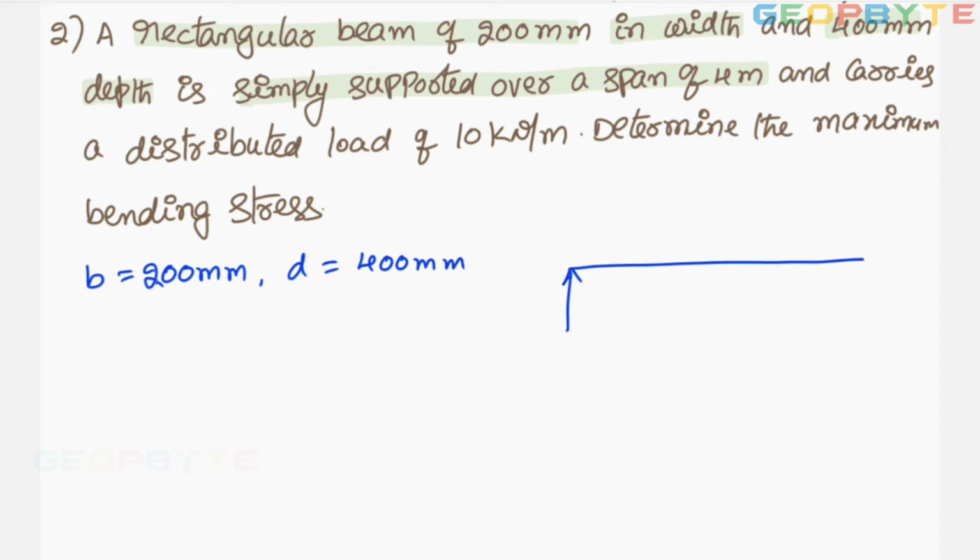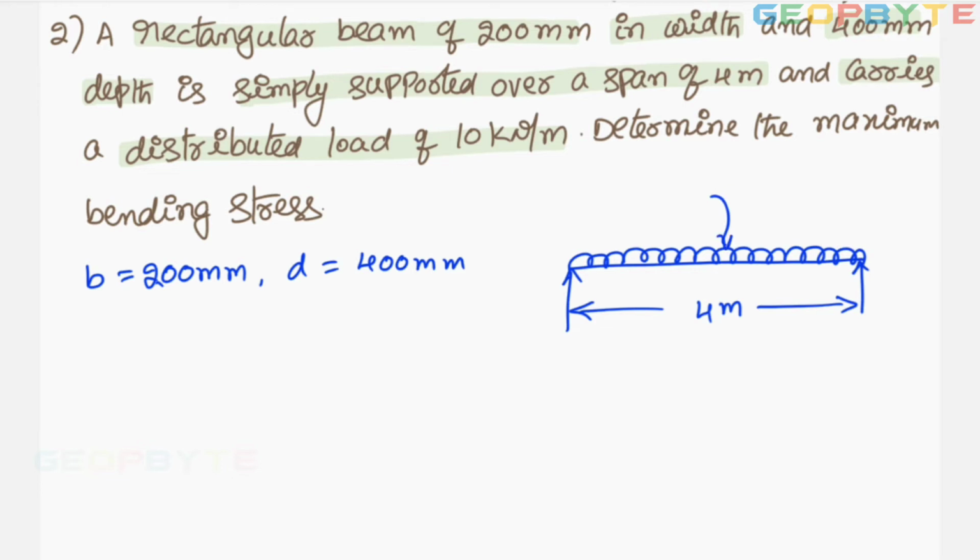A simply supported beam has two supports at both ends. The length of the beam is given as 4 meters and it carries a distributed load of 10 kilonewton per meter. It is carrying a UDL, uniformly distributed load.